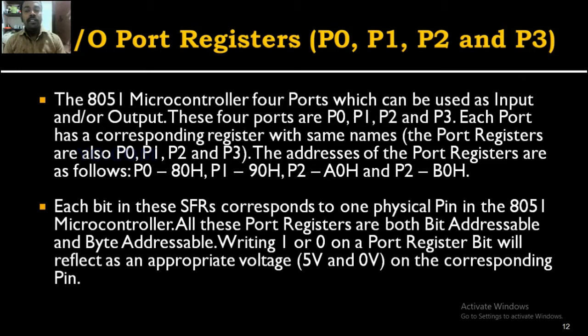So each port is controlled by the corresponding register. Each register has its own address, that is P0 address is 80, P1 address is 90, P2 address is A0 and P3 address is B0. Okay, right? This is the address of each port.